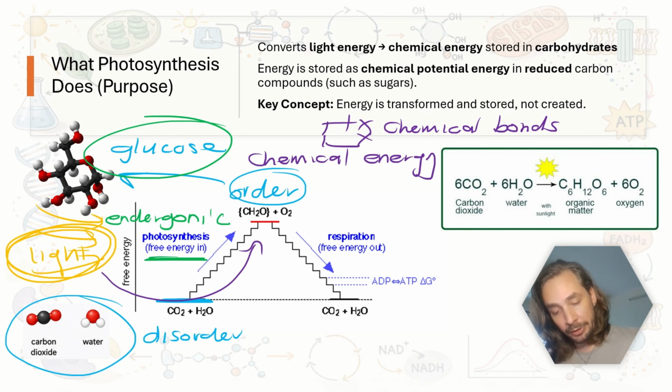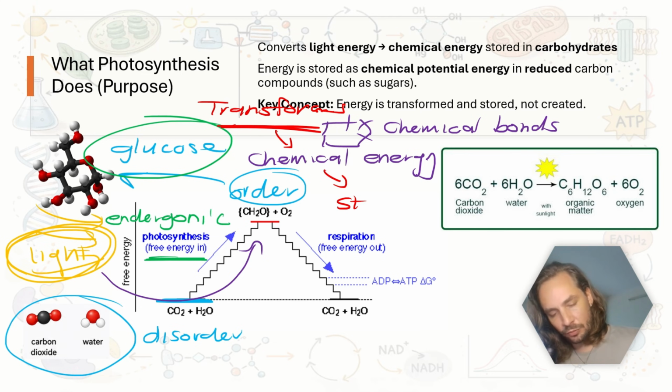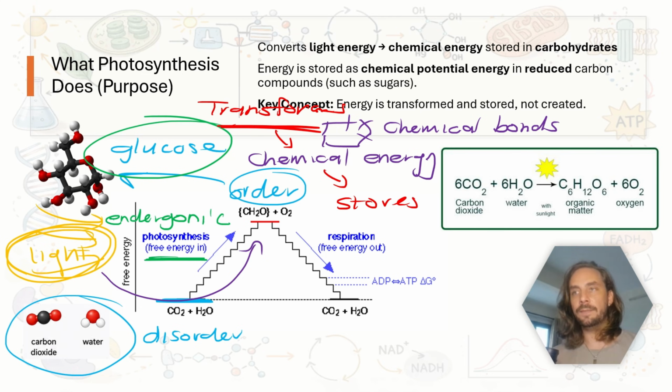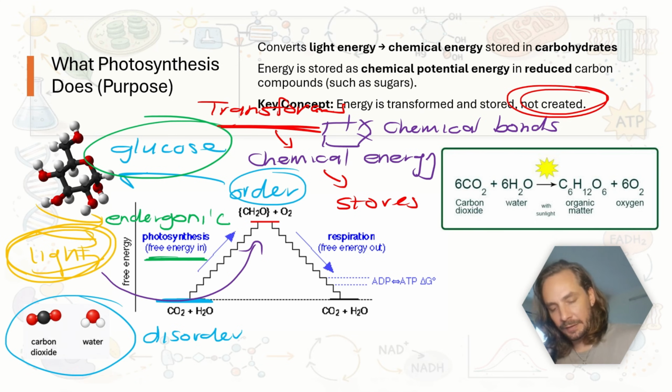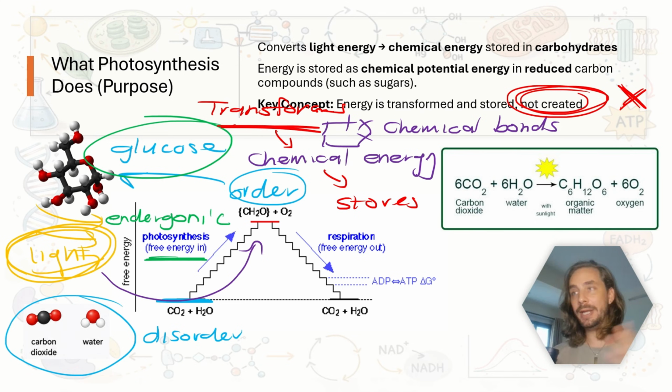And so it transforms it. It's very important to understand it transforms. It transforms the energy into chemical energy and then stores that energy as different organic matter. But energy is not created. We don't create the energy. The energy is just transformed from light energy to chemical energy.